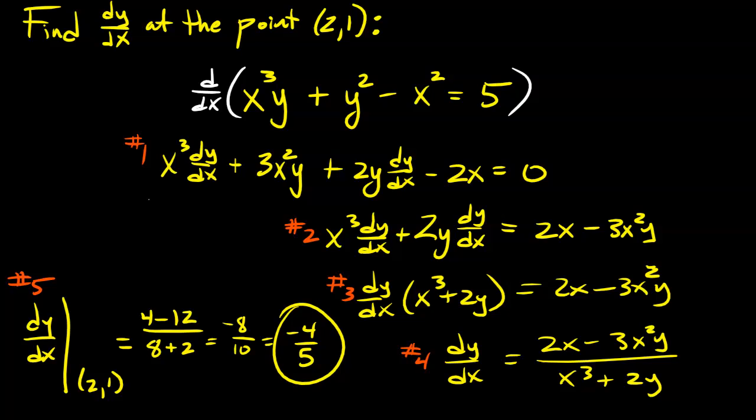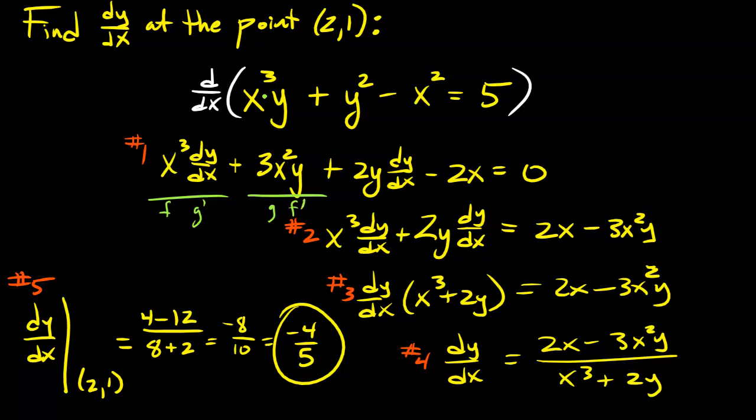Are you talking about right here? I did the product rule on x cubed y. So the product rule would have f g prime plus g f prime. Wait, did I write that backwards?